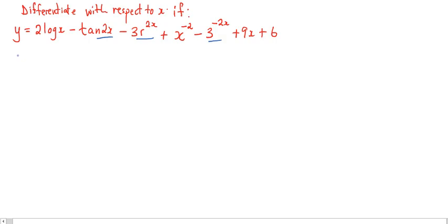So I'll just denote them as tan of 2x and the derivative of it.